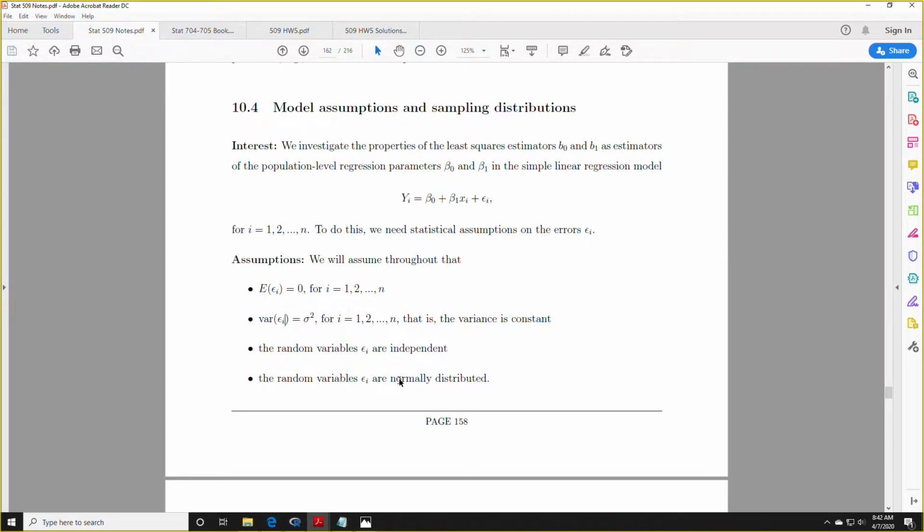And we would like these normal distributions to be centered about 0 and all have the same variance, okay? So basically, these random errors are not going to depend on the values of x and y. It doesn't matter what the x value is. The random error should just still be some random error term, not affected by the value of x.